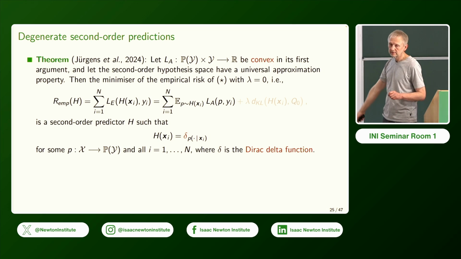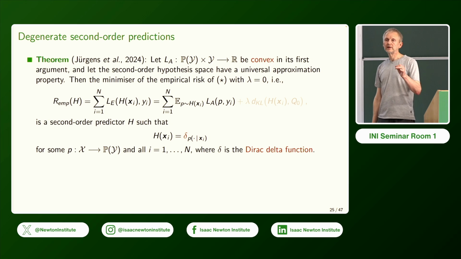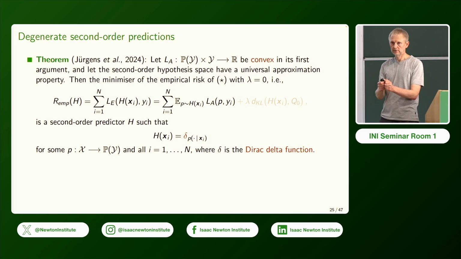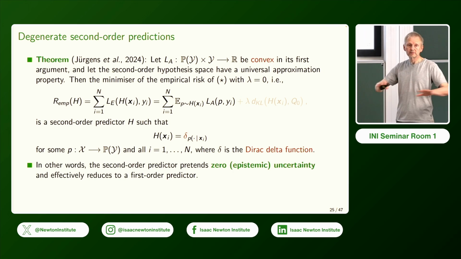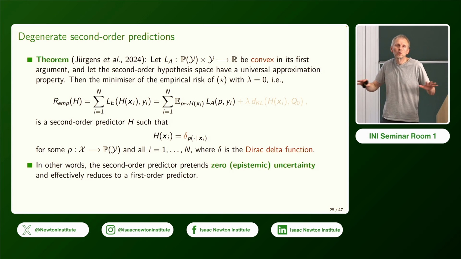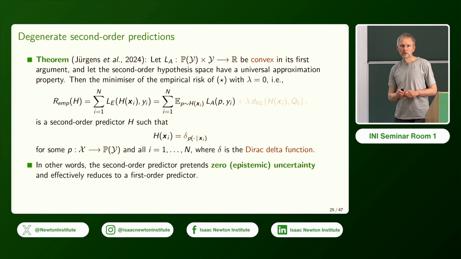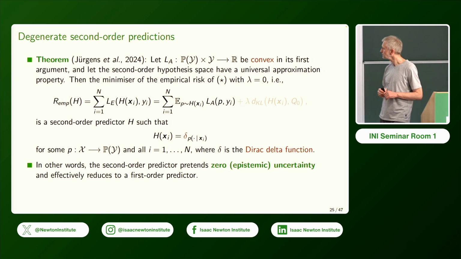And this means that the learner is incentivized to suggest that it has zero epistemic uncertainty, no epistemic uncertainty at all, for convex losses.